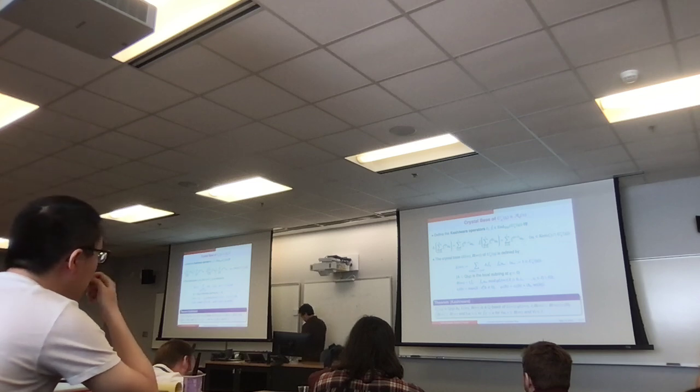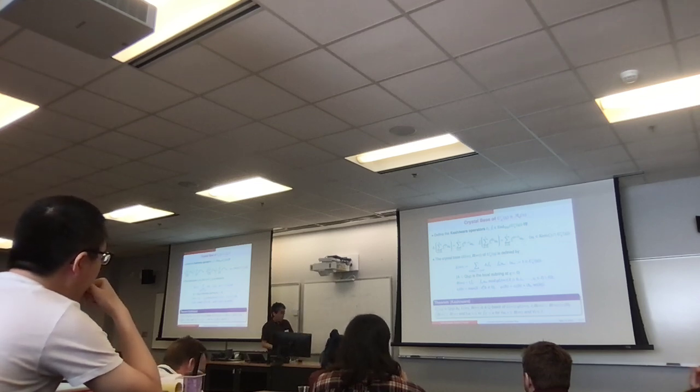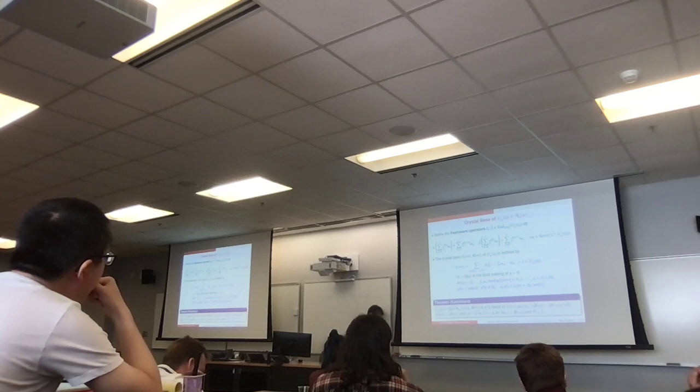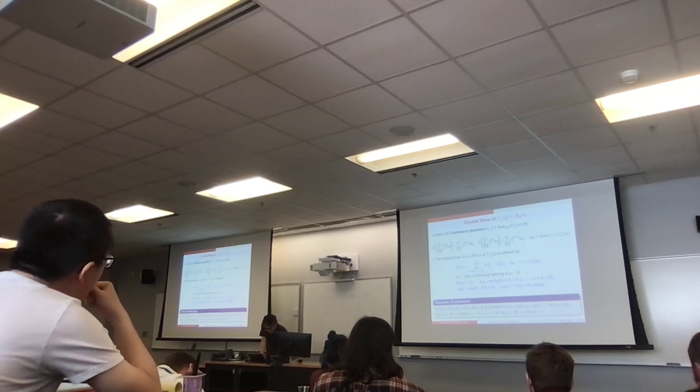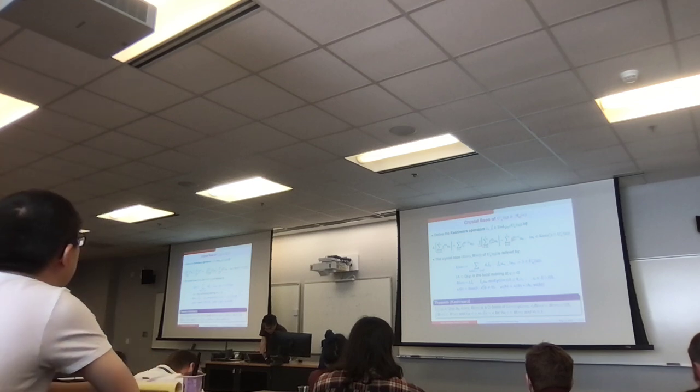With these differences, the Kashiwara operator is defined. Here e_i tilde shifts this exponent from k to k minus 1, and f_i tilde sends k to k plus 1. This is the Kashiwara operator.